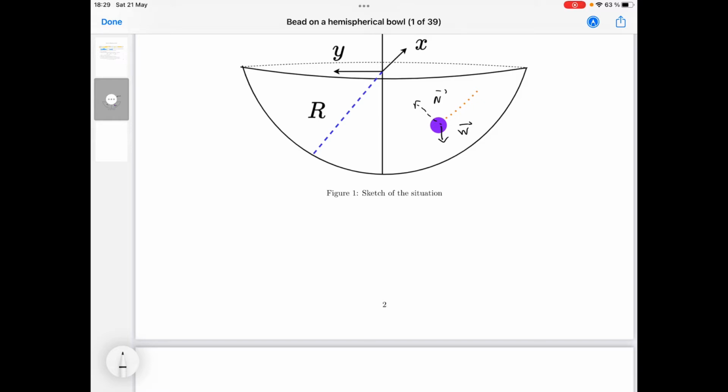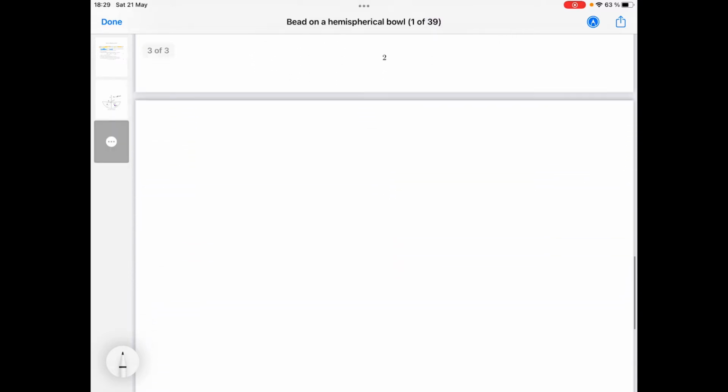Using this we can write the net force. The net force is the weight plus the normal force, which is minus mg e_z plus N. We use minus mg e_z because upwards is the positive z direction and the weight points downwards.